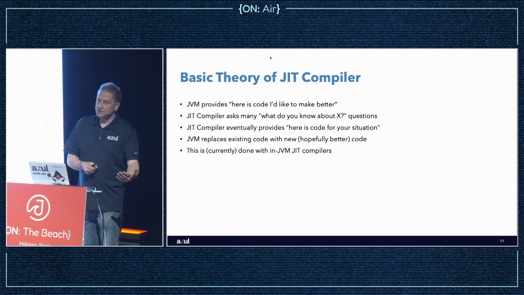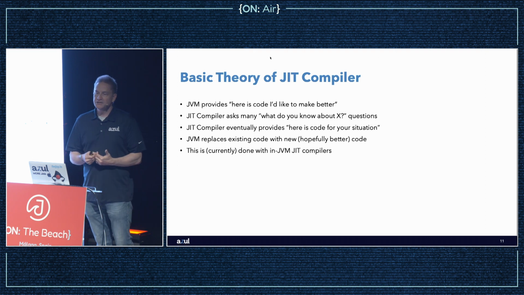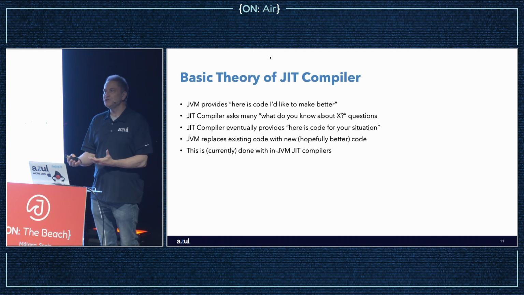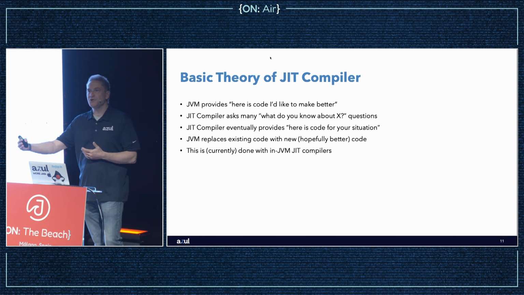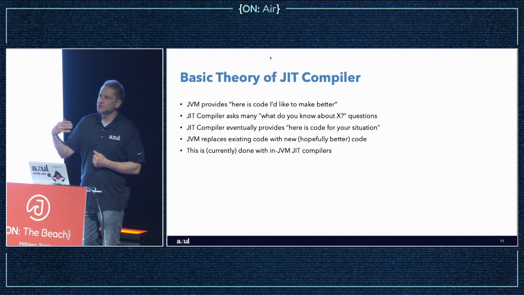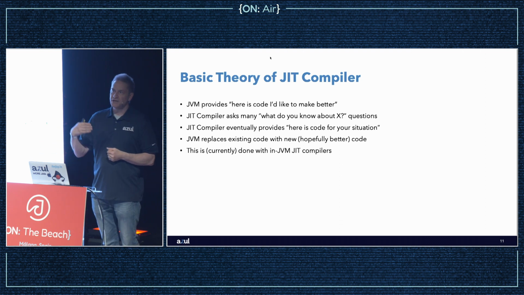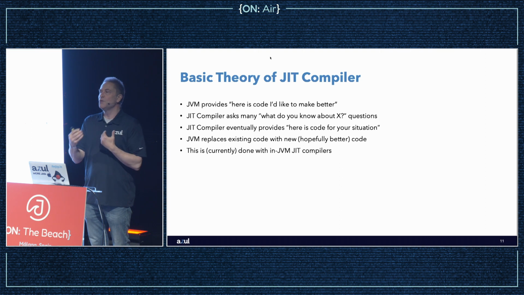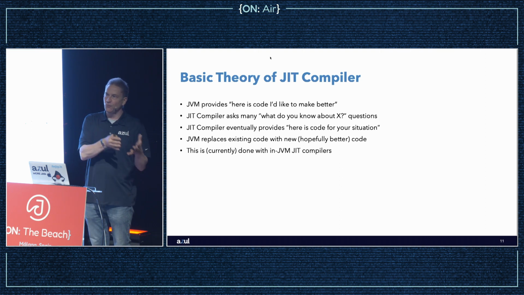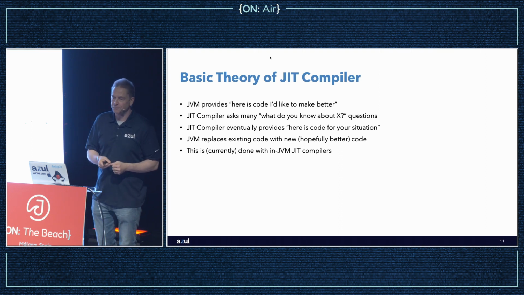Now the way that works is that the JIT compiler is going to ask a series of questions to the JVM in terms of how this piece of code is being used. It needs to understand the profiling data to say what particular aspects of that method are being exercised, how it is working, and therefore optimize based on that information.